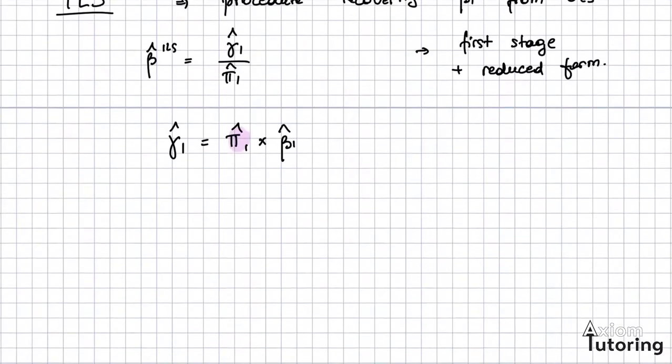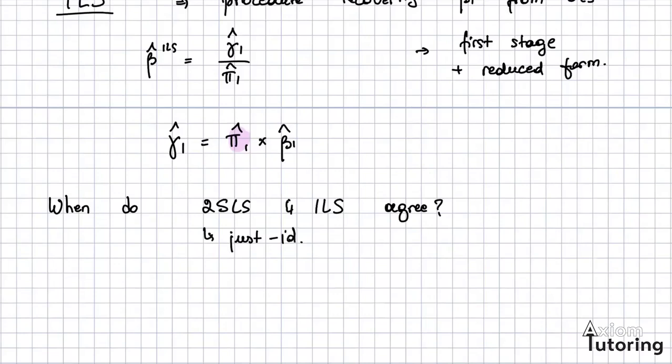Now, when do 2SLS and ILS agree? In the just identified case, where you have one instrument and one endogenous variable, the ILS and the 2SLS are going to give you exactly the same answer, okay?